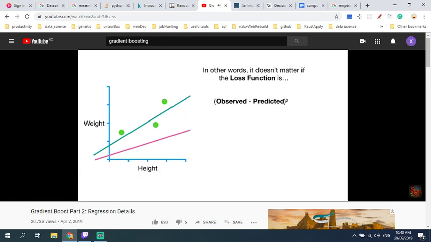In other words, it doesn't matter if the loss function is the observed value minus the predicted value squared, or if it's 1/2 times the observed value minus the predicted value squared, since both will tell us that the greenish line has the best fit.